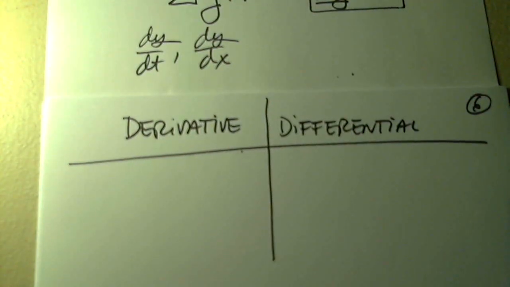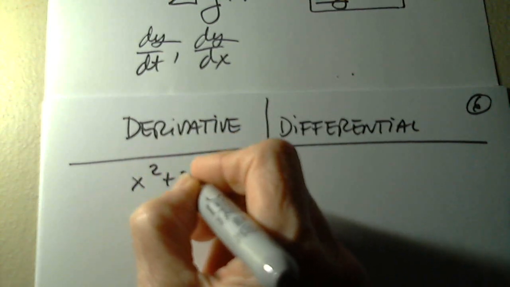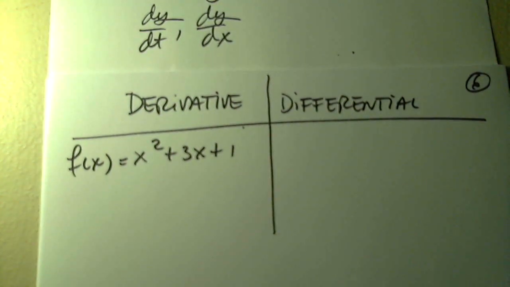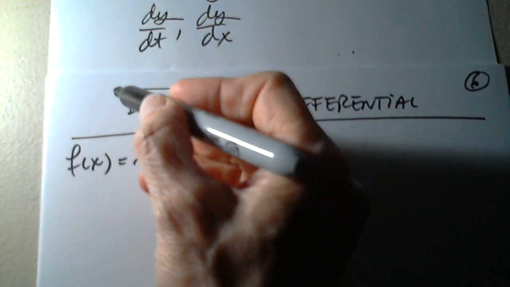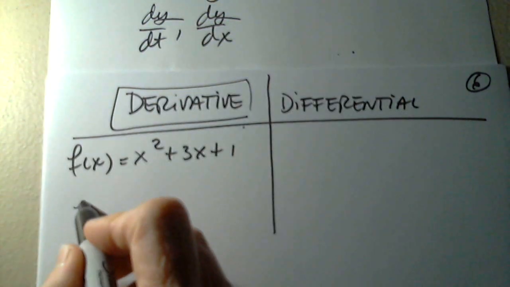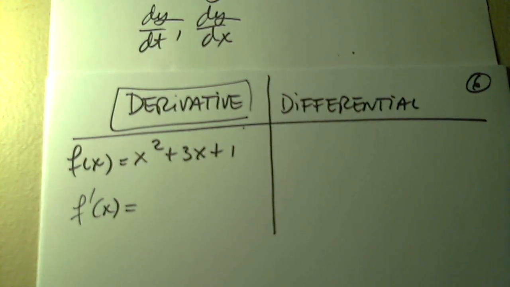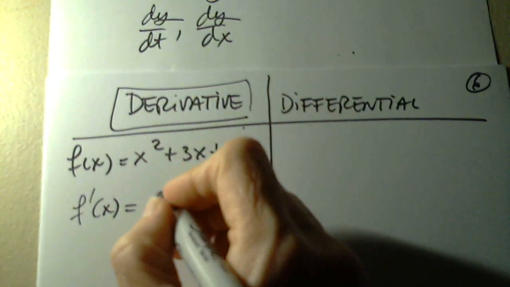A simple function, something that you can think of? Do x squared plus 3x plus 1. Very good. So we have this function. Can anyone give us the derivative of this function? 2x plus 3. Excellent.